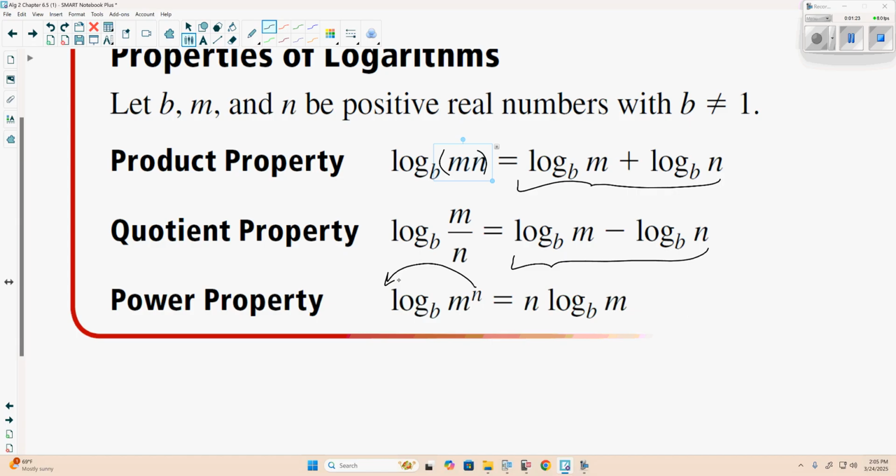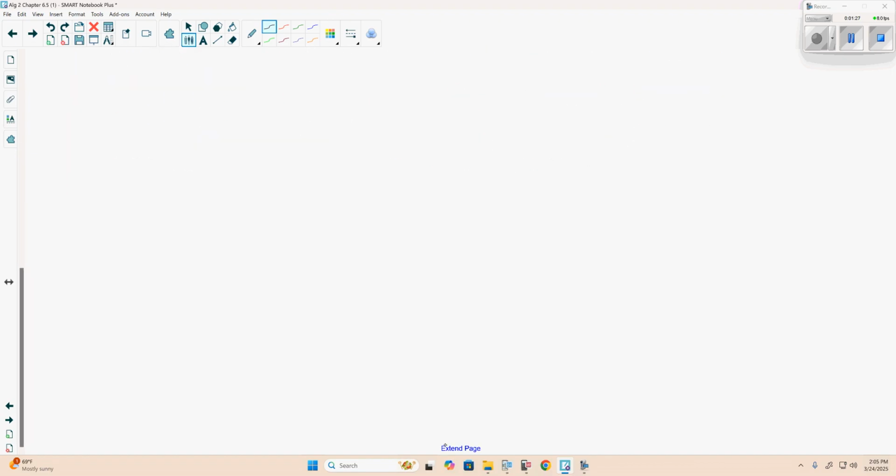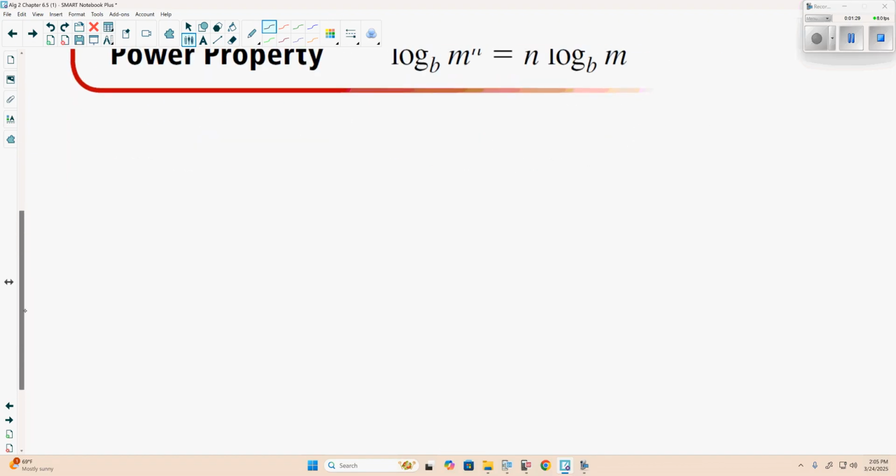So what this looks like for our product property, in simple terms, is that we could say log base 7 of 3x. So we have two things being multiplied together inside the log. We can rewrite it as a sum of logs.